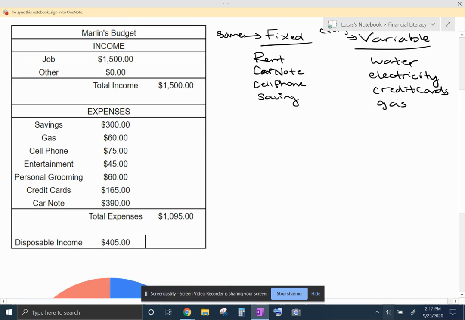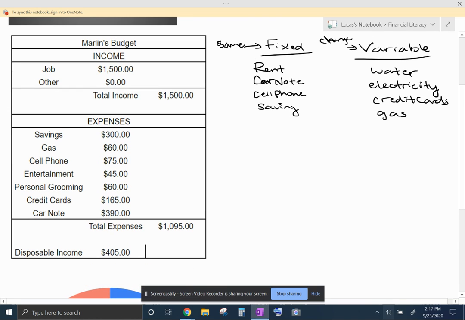Okay, so now we're going to go into one of the most important parts of this lesson. You've identified components of a budget as income and expenses. You know that income is money coming in, expenses is money going out, things that you spend money on.